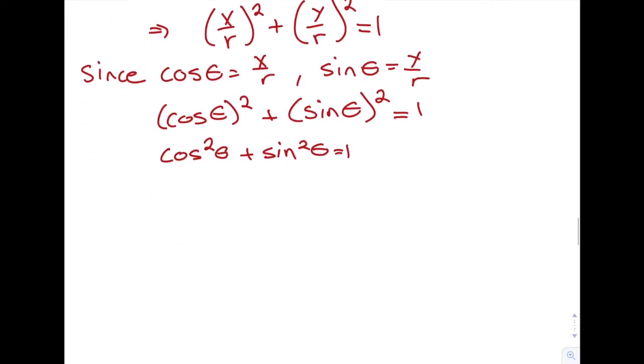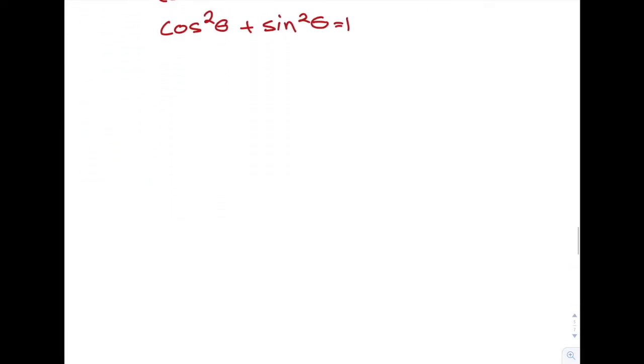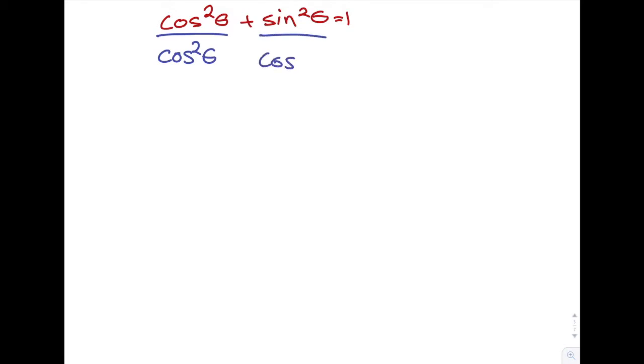Now remember too that if you wanted to derive any of the other Pythagorean identities, it's reasonably easy to do so if we just divide through our entire identity by either sine or cosine. So I'll do one so you can see that. Let's divide everything by cosine squared theta. So cosine squared theta over cosine squared theta, that's 1.